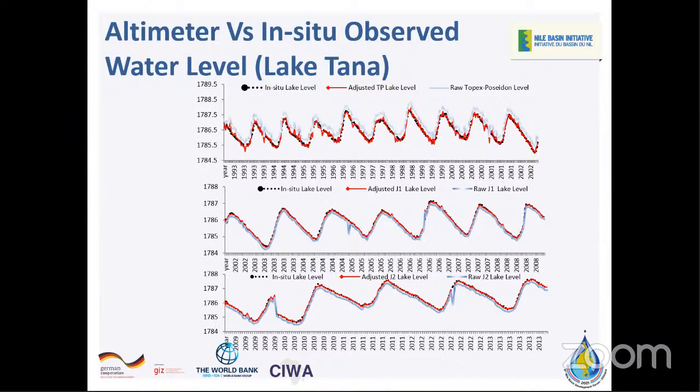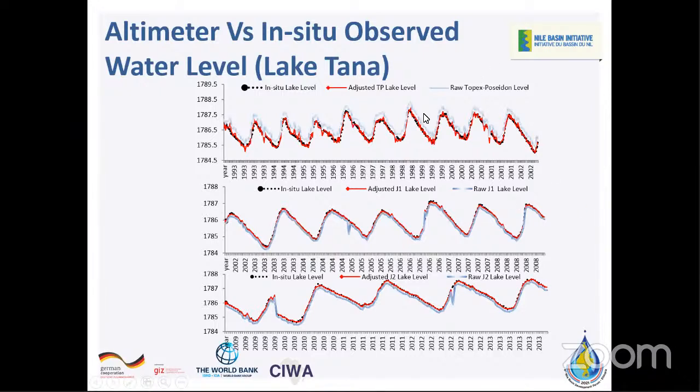We tried to estimate the bulk error in the missions and distribute it over the period of operation of the satellite. For example, for the Jason-1 from 2000 to 2008, we collected the average error and distributed it over the period. Similarly for the TOPEX, and also for the Jason-2.